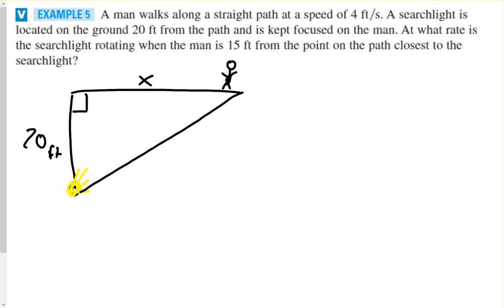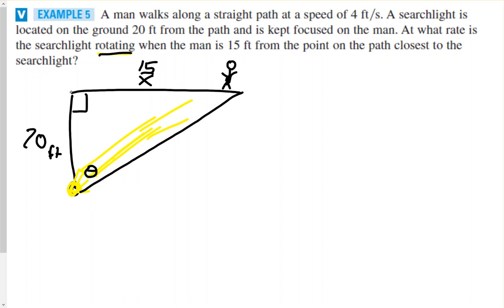So it's shining towards the man. At what rate is the searchlight rotating? So we're looking at an angle here, when the man is 15 feet from the point on the path closest to the searchlight. So this distance is going to be 15.